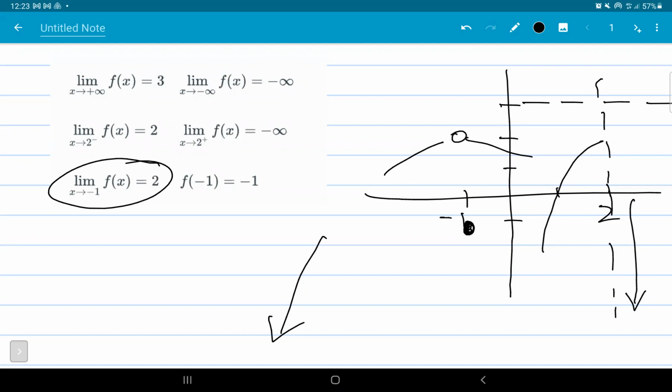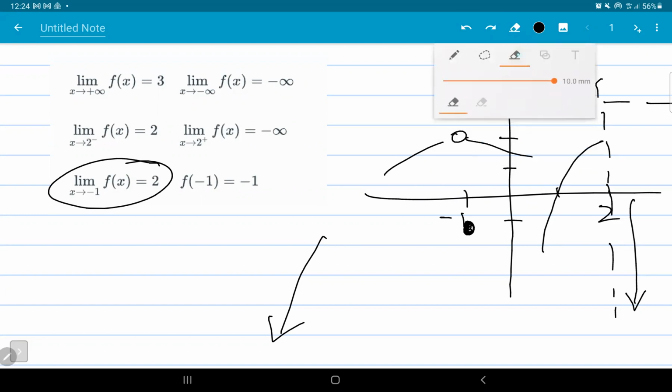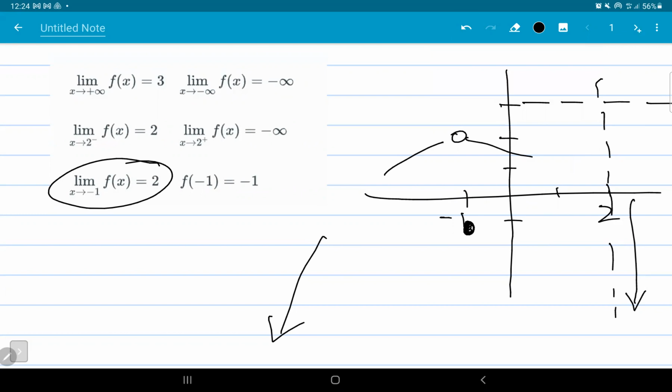So x approaches 2 from the left is 2. We can have it like this.